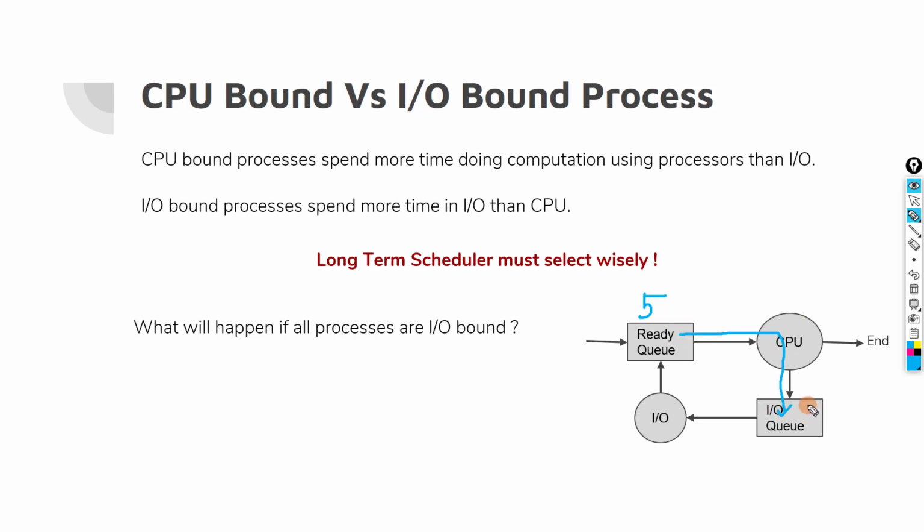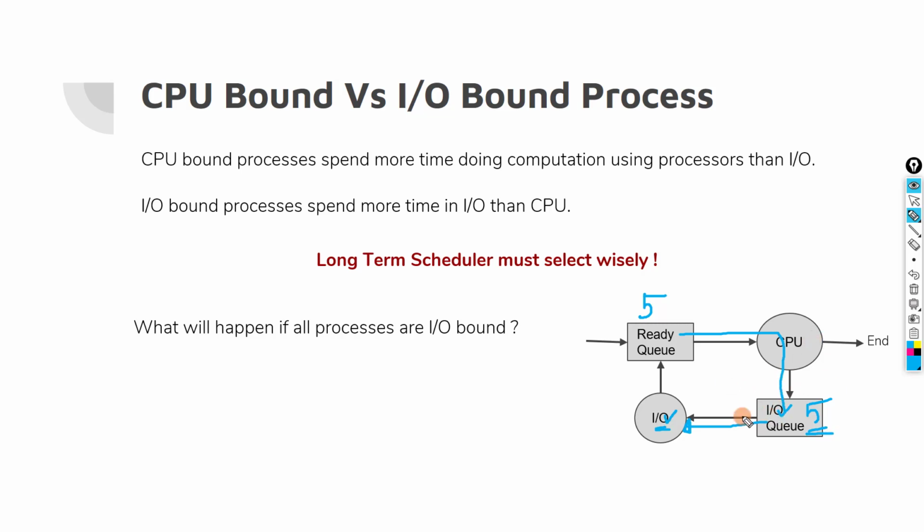All five will come here because all of them will need IO devices, but only one of the processes can be served by these IO devices, right? Not all 5 can be served in parallel. So one process will be served here and the other 4 will wait here.